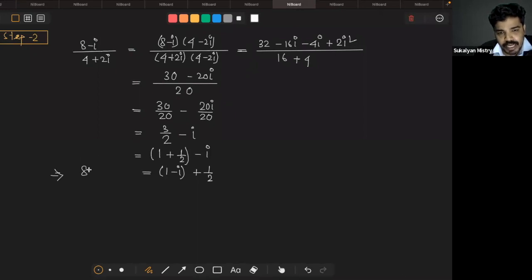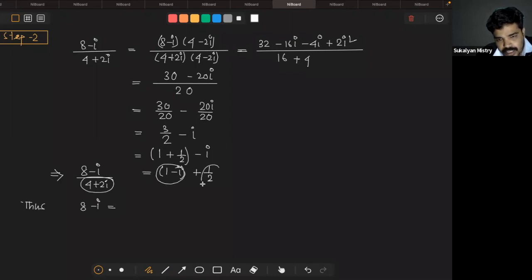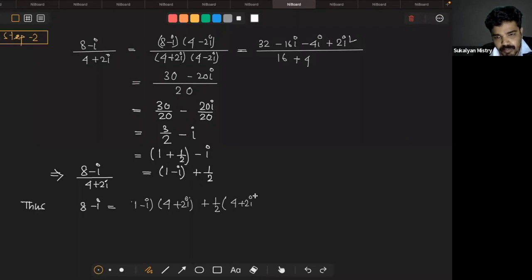So ultimately, 8 minus i divided by 4 plus 2i is equal to this. Thus 8 minus i is equal to (1 minus i) into (4 plus 2i) plus 1 by 2 into (4 plus 2i).